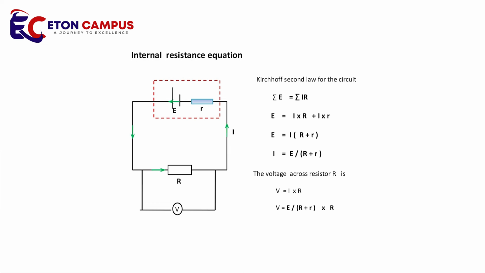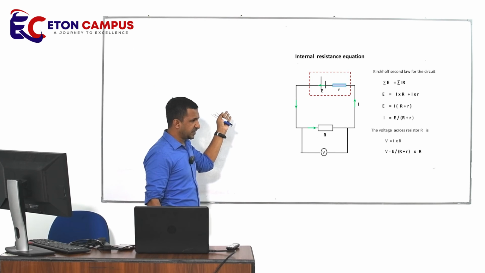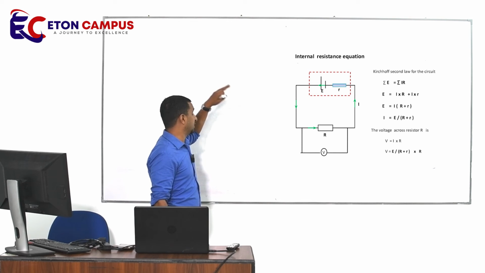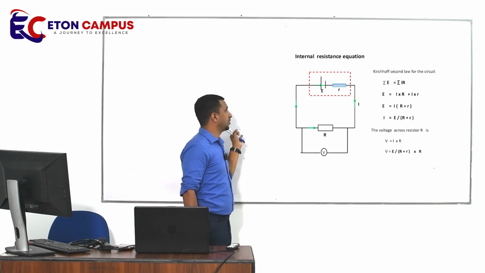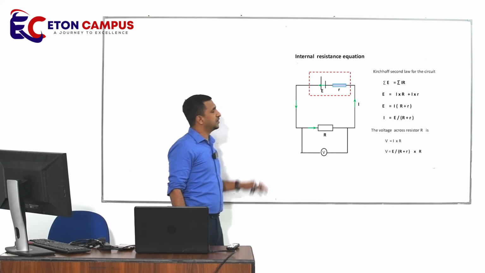We have only one EMF, that is E, equal to the sum of the IR values, with the current in the circuit marked as I. Kirchhoff's second law indicates that the EMF provided by the battery in a complete circuit is equal to the sum of IRs in that circuit.